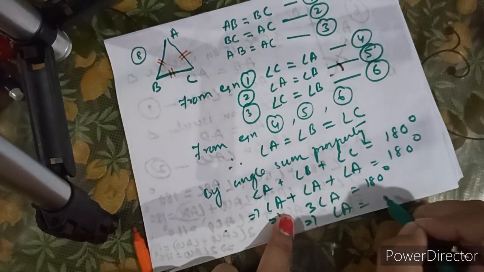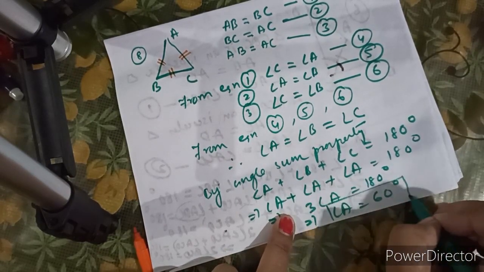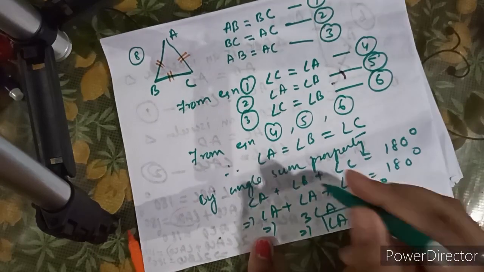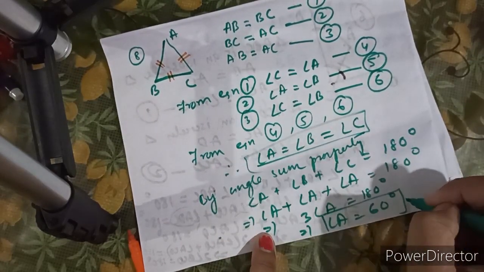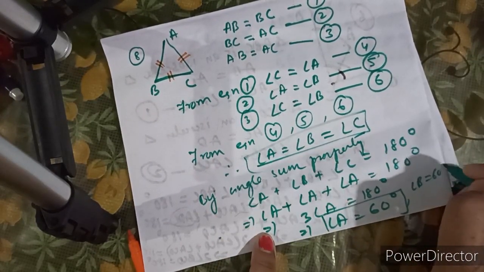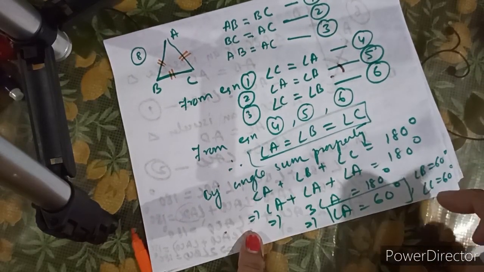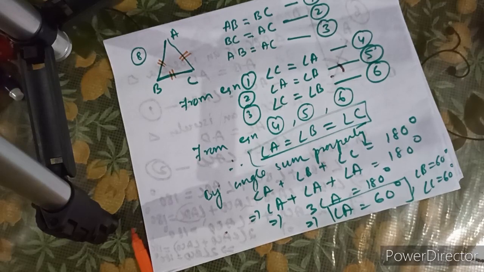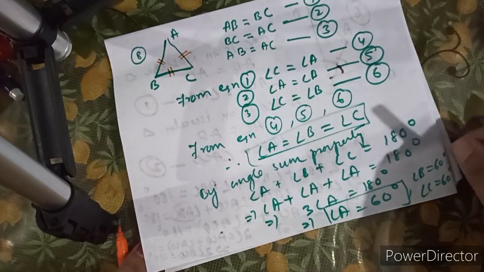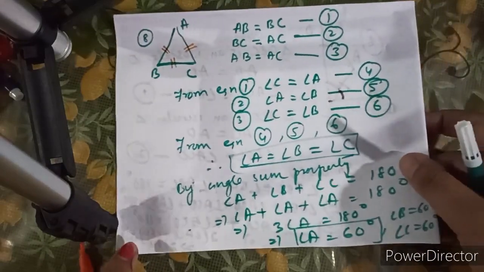That means angle A is now 60 degrees. Okay, if angle A is 60 degrees, from this equation we can also conclude that angle B is 60 degrees and angle C is also 60 degrees. So when the 3 angles have the same value of 60 degrees, we can say that ABC is an equilateral triangle. So this is the completion of your exercise 7.2 from the chapter Triangles.